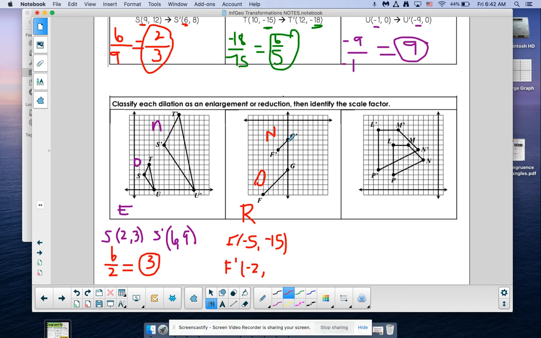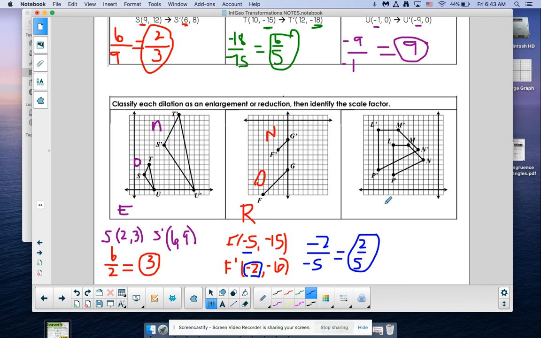Alright, so now our scale factor. Let's put negative 5 over negative 2. That just equals 5 over 2. Oh shoot, other way. Flip it, you guys, I'm so sorry. Negative 2 over negative 5 equals 2 over 5.